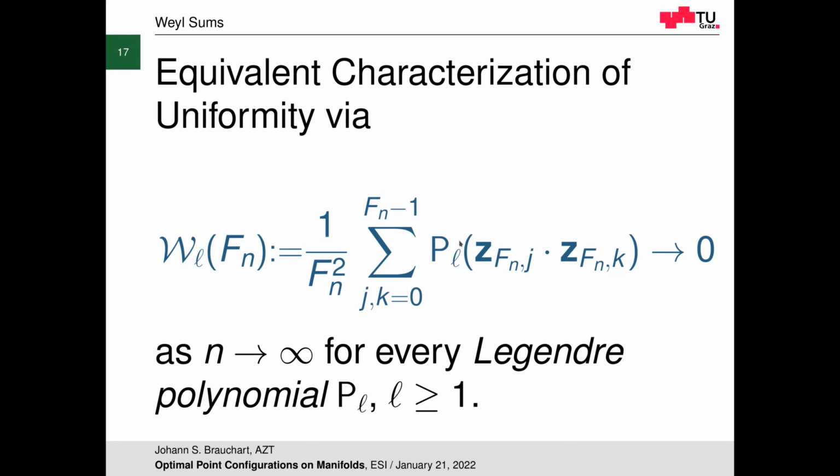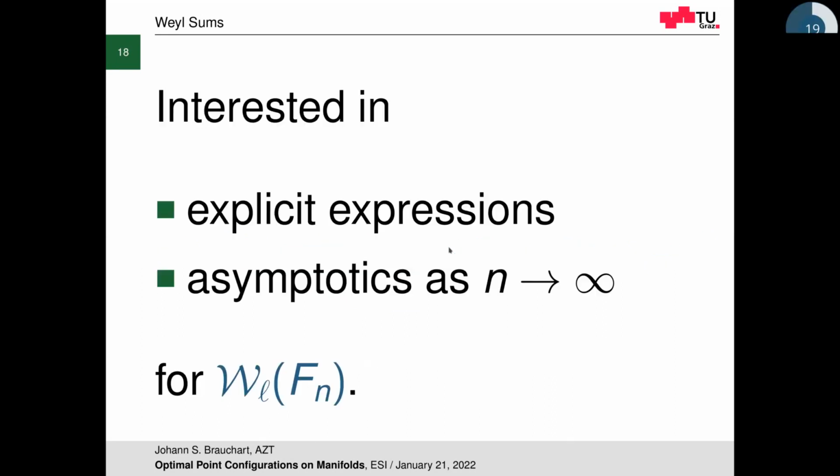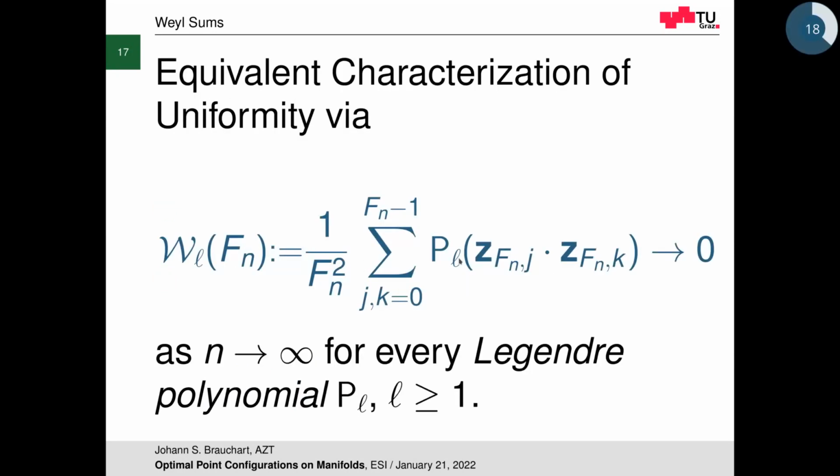We are interested in explicit expressions as well as asymptotics as little n goes to infinity, which means the number of points goes to infinity, because those Weyl sums are building blocks in the expansion of the L2 discrepancy and have something to say about hyperuniformity properties, etc. So they are very interesting in this regard.